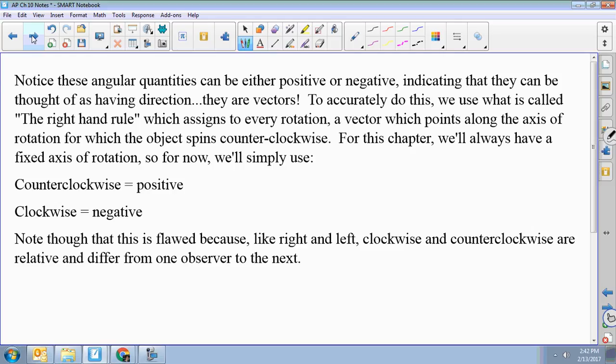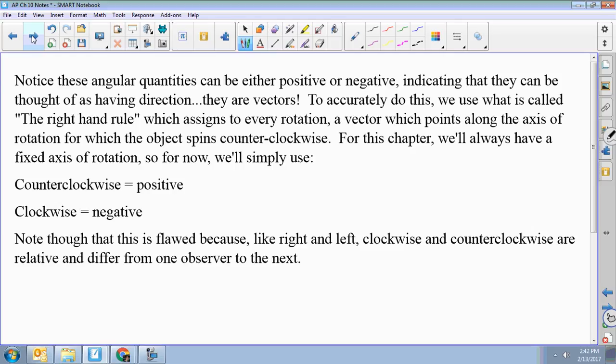So notice these angular quantities can be either positive or negative. When you rotate, you can go so that your angular position increases or so it decreases. That indicates that it's a vector. I know you guys learned the right-hand rule last year. Technically, with all of these angular values, to find the direction, you use the right-hand rule.